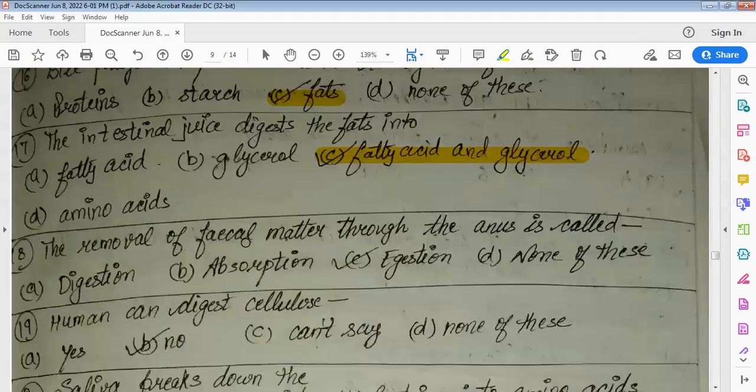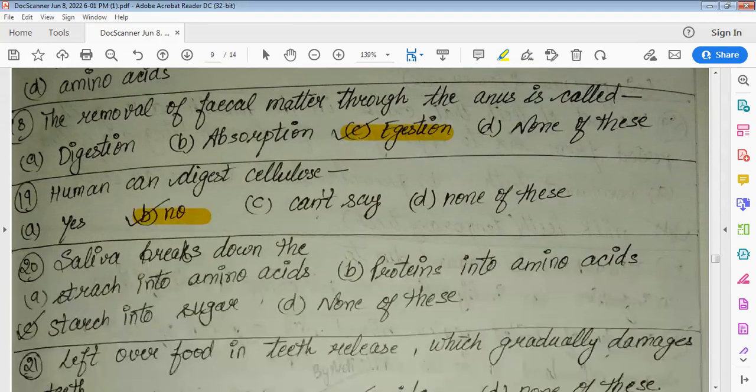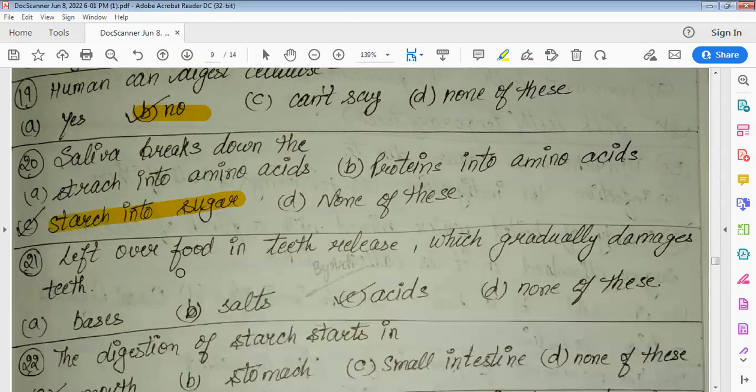The removal of fecal material through the anus is called egestion. Can humans digest cellulose? No. Saliva breaks down the starch into sugar. Leftover food in teeth releases acid, which gradually damages teeth.